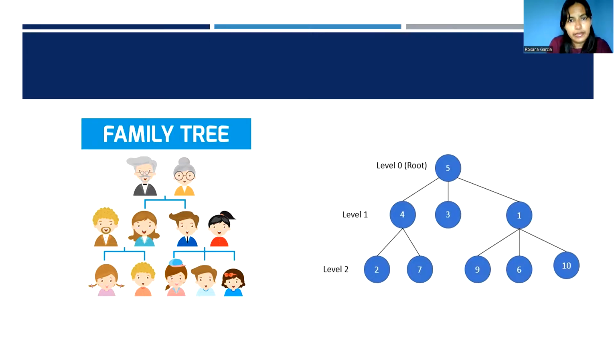However, trees can also be used to represent other types of real-life relationships. For example, Google Maps makes use of trees to know what paths can be reached from a certain point.